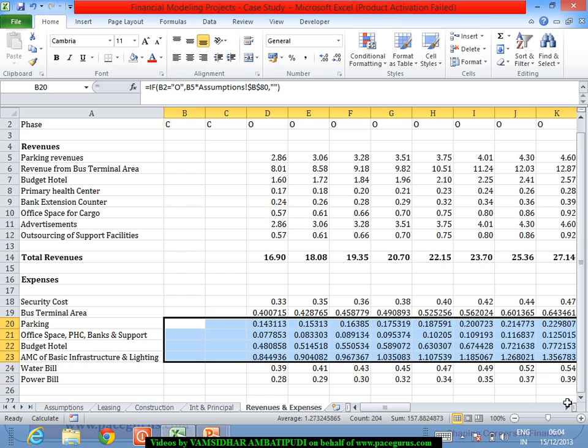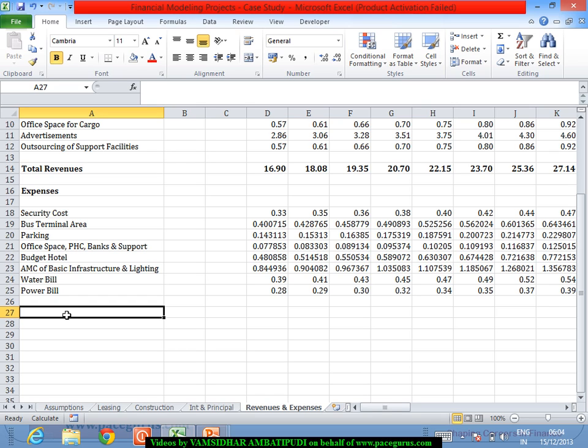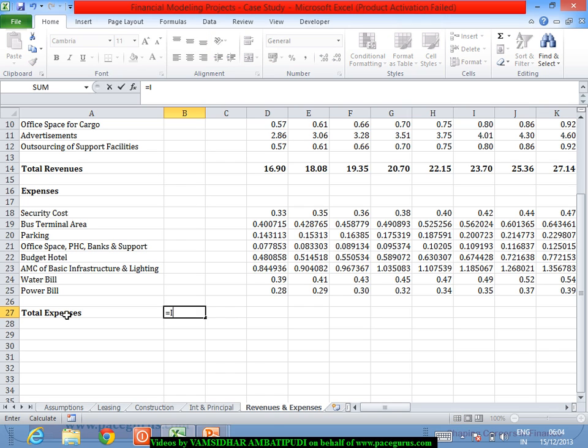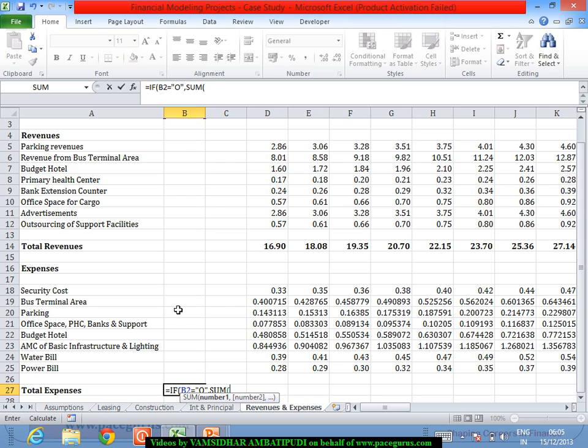Now I can go ahead very well saying that the total expenses during this period, I can very well highlight total expenses during the period, wherein I'll put a simple formula saying if this is an operations period, means if this value is equal to O, compute the expenses, wherein do the summation of all these expenses, otherwise leave it as blank.